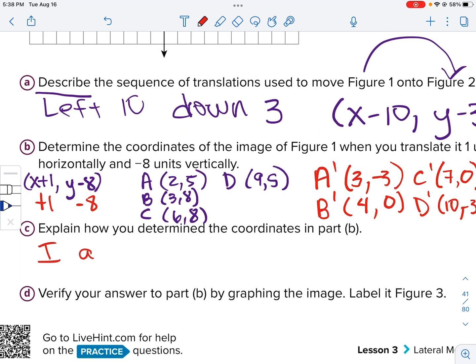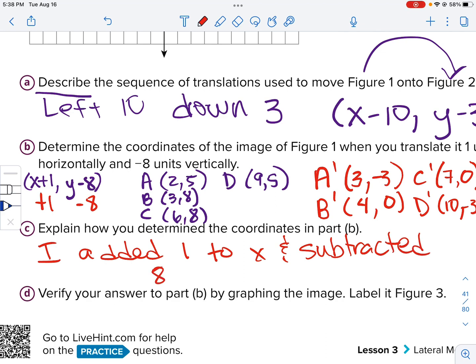I added 1 to x and subtracted 8. Oops, I don't know where D came from, y.